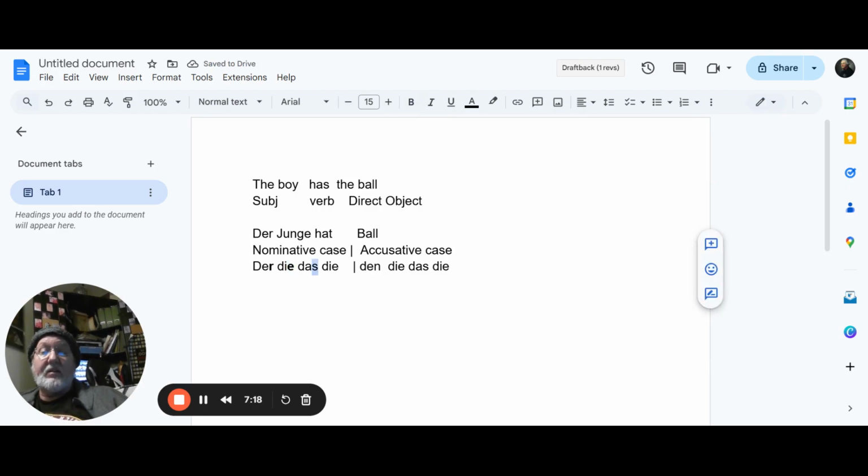S, and E. So in the nominative case, what does that spell? R-E-S-E. See where I got that? Reese. So we've got Reese.